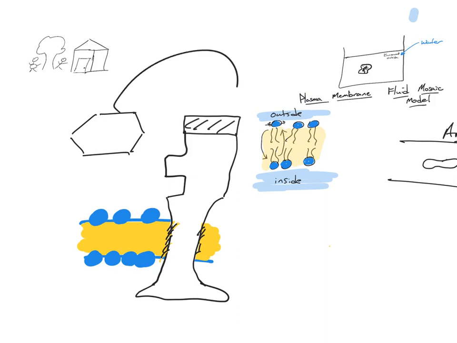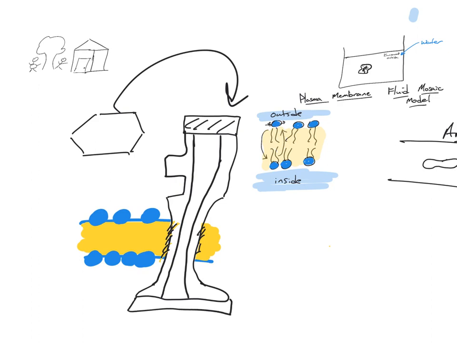Because if the sugar is going to come in, there has to be a tube, right? So the tube's going to go this way. That slotted thing is a door. I'm drawing it cut out. Do you notice that I'm drawing it cut out? So it's like I'm cutting an orange in half, or cutting this membrane in half.